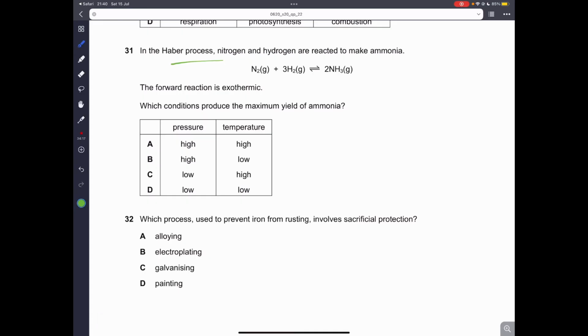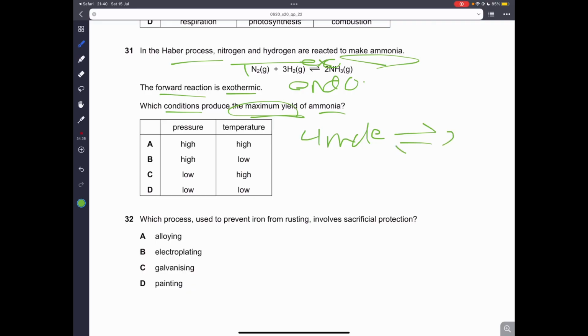31. In the Haber process, nitrogen and hydrogen are reacted to make ammonia. The forward reaction is exothermic. This means the backward reaction is going to be endothermic. Which conditions produce the maximum yield of ammonia? So we can see that there are 4 moles on the left hand side compared to the 2 moles on the right hand side.